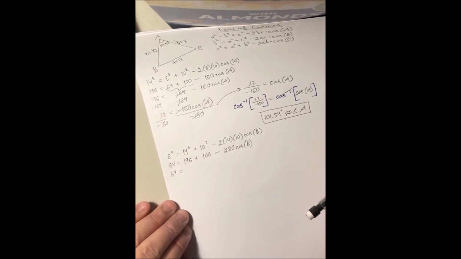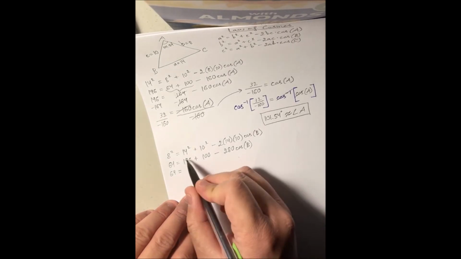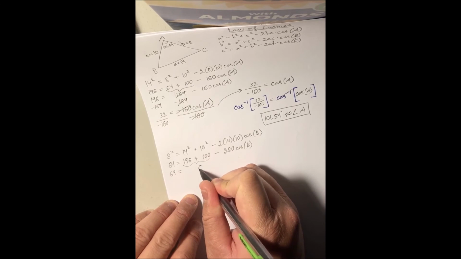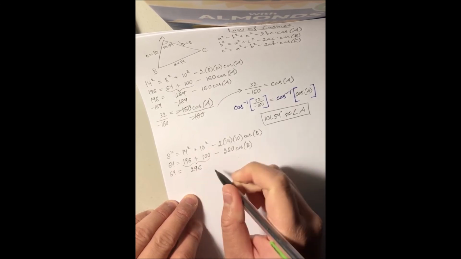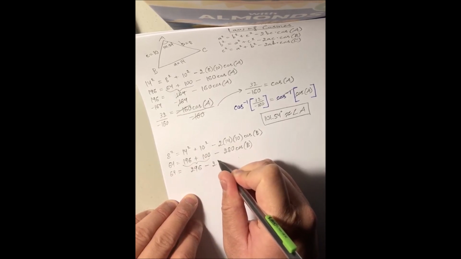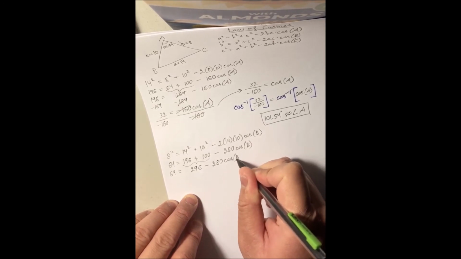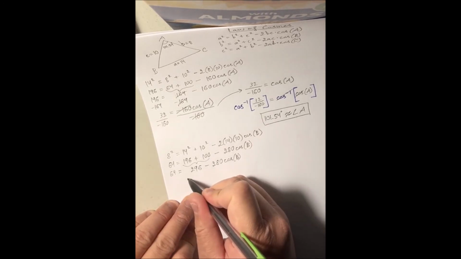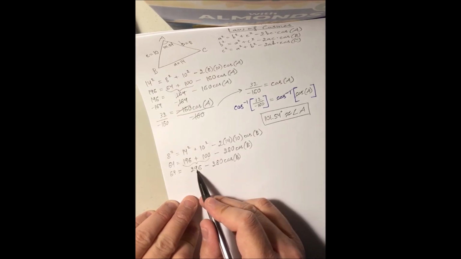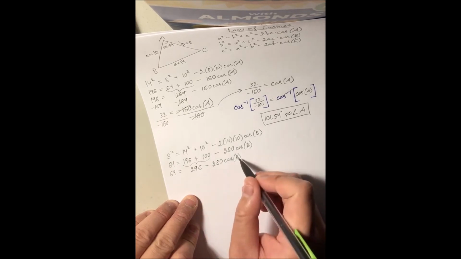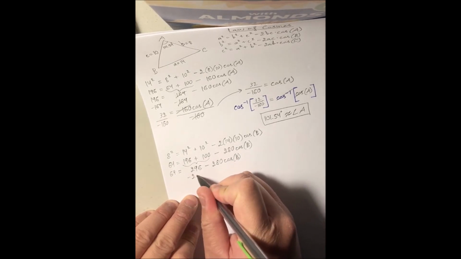You can see it there. Combining like terms, this will turn out to be 296 minus 280 times cosine of capital B. And then we have to get rid of positive 296 and then negative 280 and then cosine to solve for angle capital B. So subtract 296 from both sides.